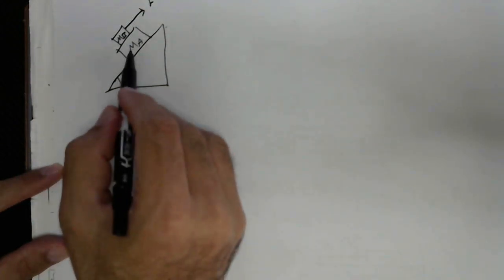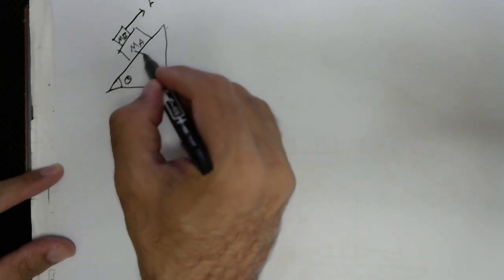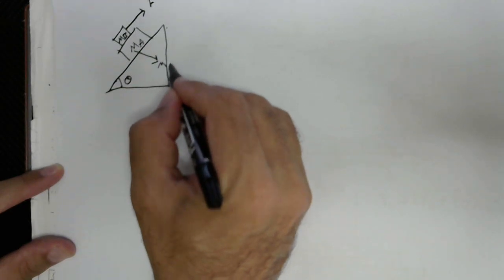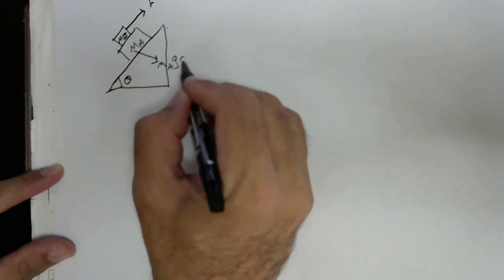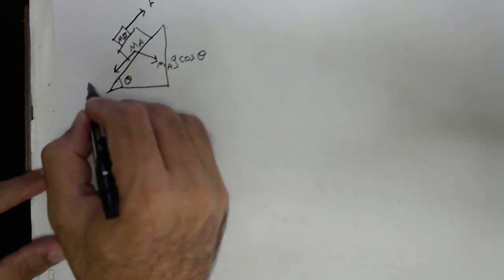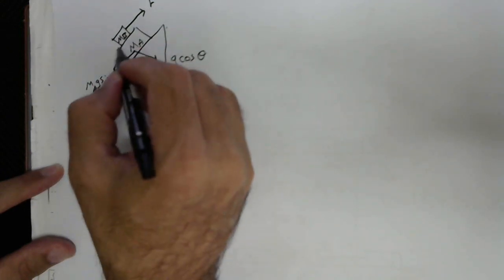And we know the mass normally projects perpendicular to the direction of motion as MAg cosine theta, and parallel to the direction of motion, MAg sine theta. The same for B.